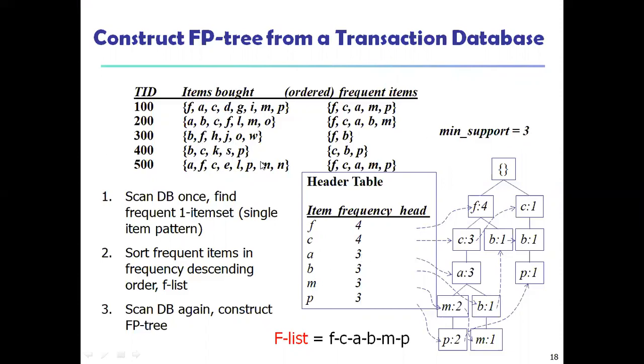So after A, we'll go for B. B has happened here once, 2, 3. So B will come into the picture. Like that, if you take the value G, it has come here only once, so G will not take place. Similarly, come to I; I is in one place, so I will not come in the next.